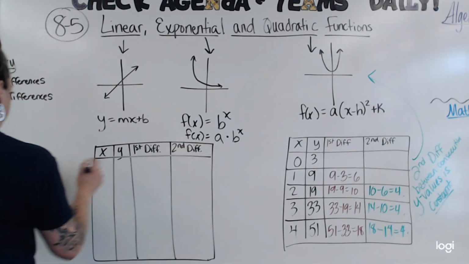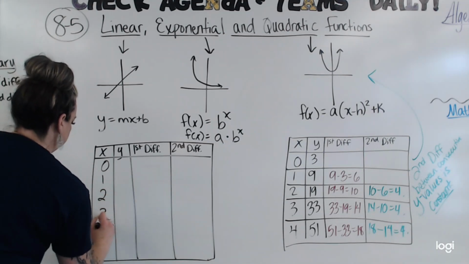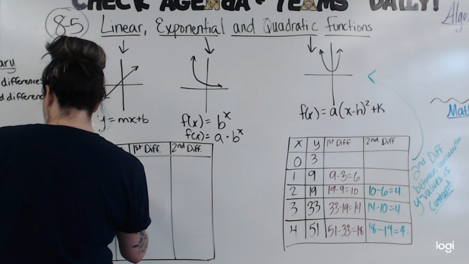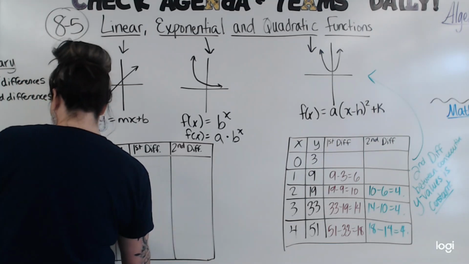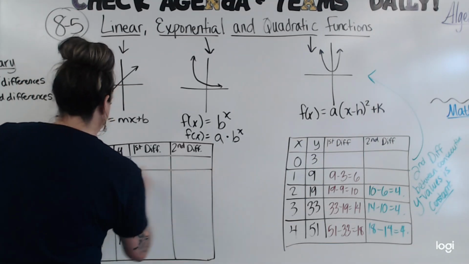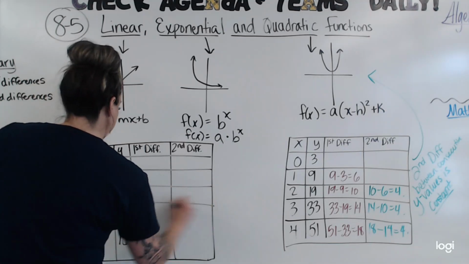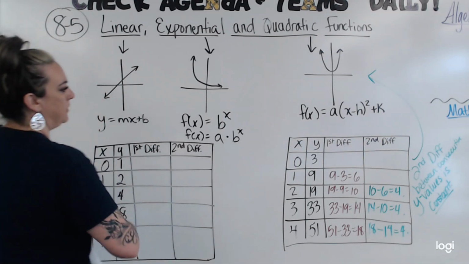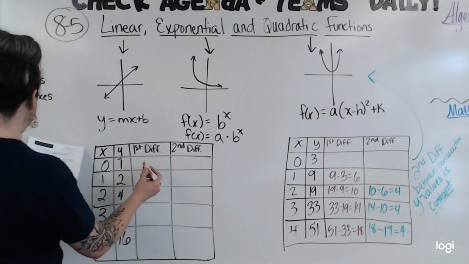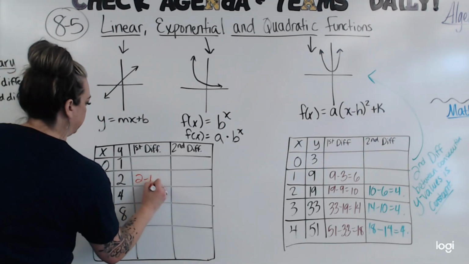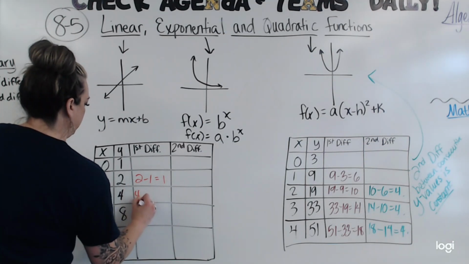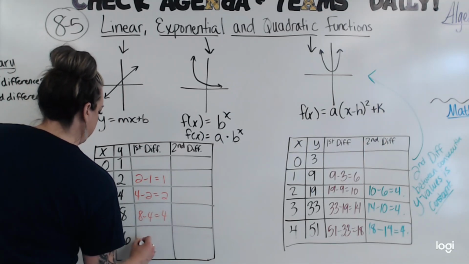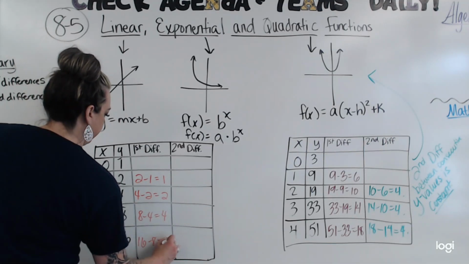So we'll look here at the first difference, 2 minus 1, 4 minus 2, 8 minus 4, and 16 minus 8.